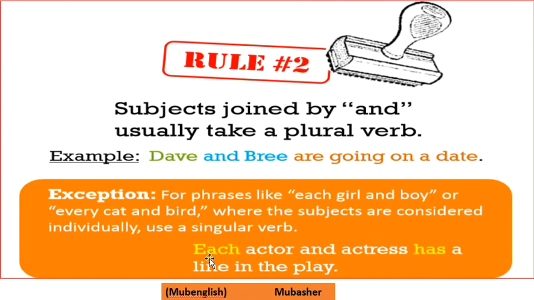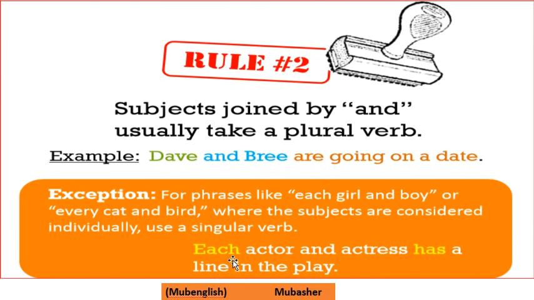If we are using each actor and actress, although we are using actor and actress and and is playing the plus sign here, and these both look plural now, when we have used each, here each is bracketing both of these, actor and actress, as singular.